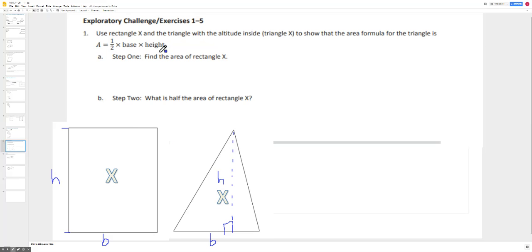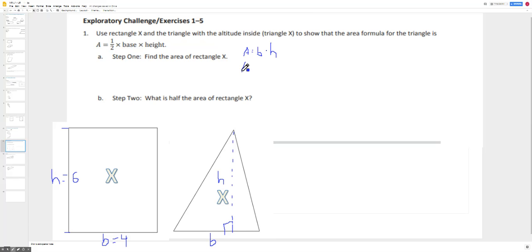All right, so step 1 says find the area of the rectangle. Well, remember the area of the rectangle is just simply base times height. So let's go ahead and write area equals base times height. And I'm going to give you some measurements. The base is 4, and the height right here is going to be 6.